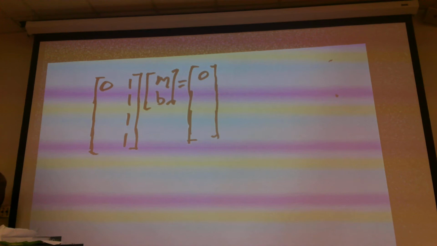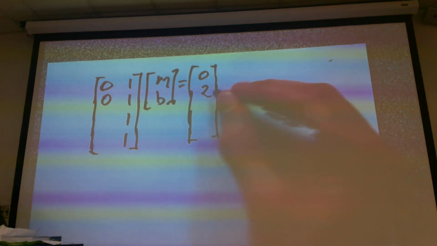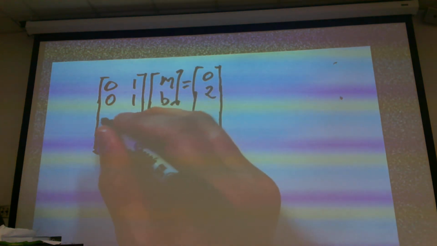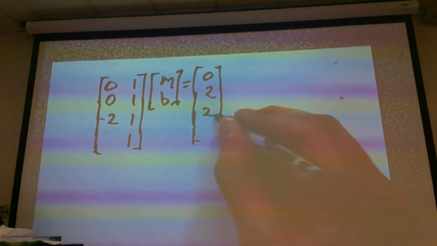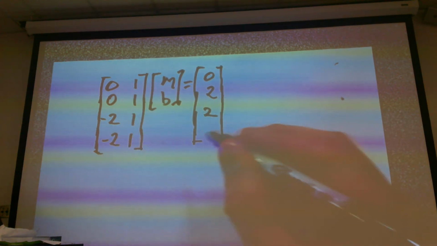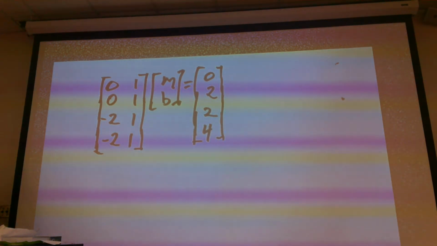The order in which you pick these points does not matter. The next point, let's say, is just 0, 2. And then the next point would be, let's say, negative 2, 2. And the last point would be negative 2 and 4.